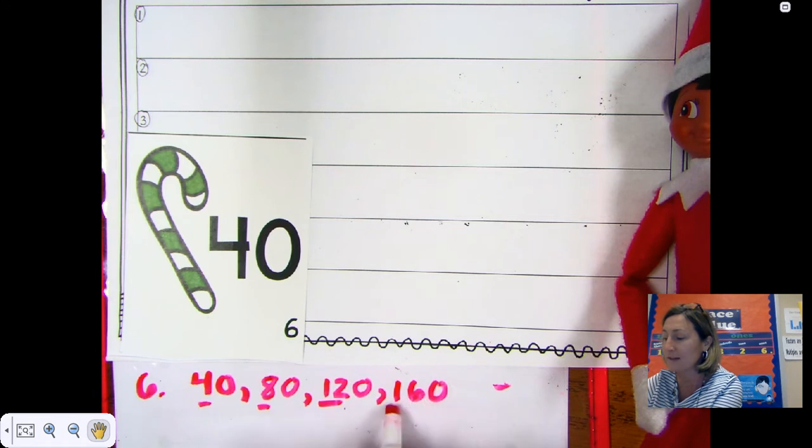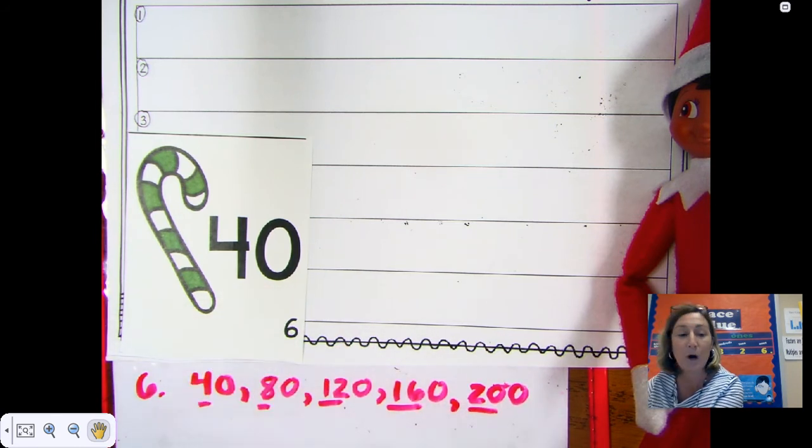We have to remember to add that 0 because we have a 0 here. 40, 80, 120, 160. Let's see what comes next. 4, 8, 12, 16, then we have 20. But we add that 0 because we've got our 0 there. So it would be 200.